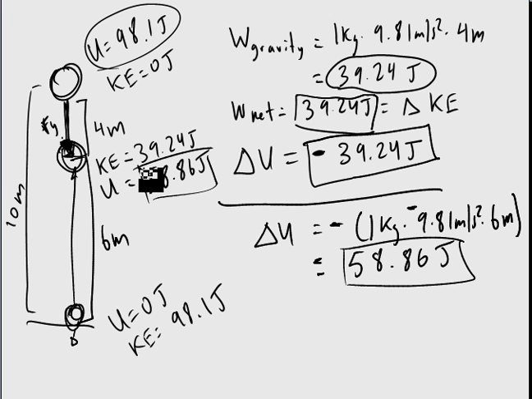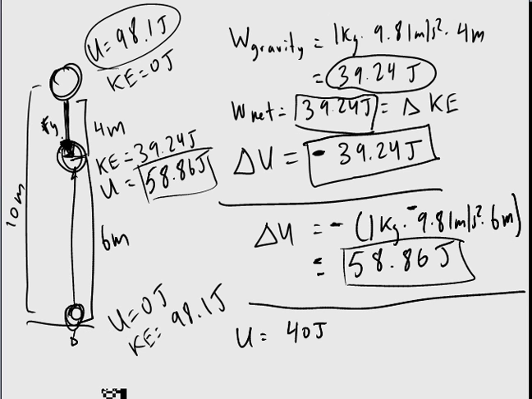The last thing we can do is I can give you the potential energy, and then you can tell me the height. So if I tell you that the potential energy is 40 joules, you could say, well, if we're lifting it from the ground, how far would I have to lift it for it to gain 40 joules?